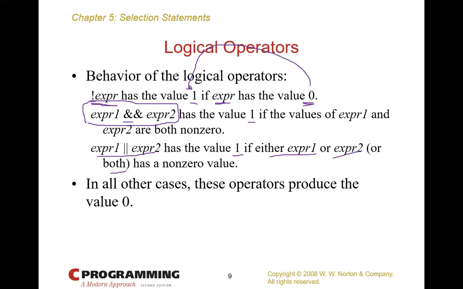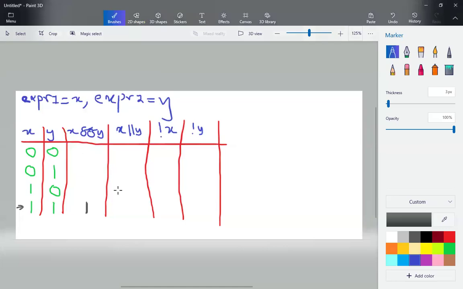The only time that it is not 1 is when the two of them have 0 value. On other cases, these operators produce 0. So let's go back to our drawing. We say the only time that this OR will be 0 is when the two of them have 0 value.